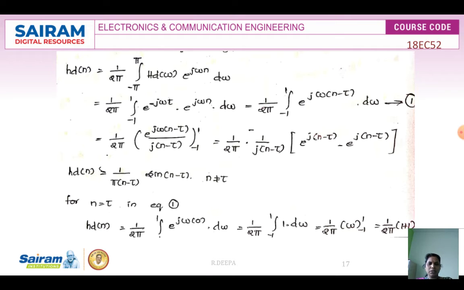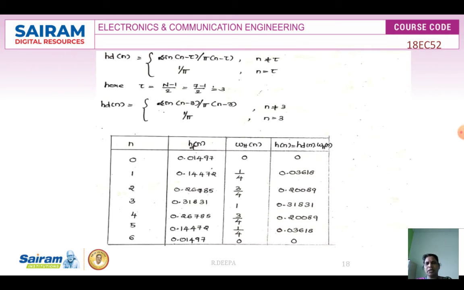Then it becomes e power of 0 into d omega, which is 1 into d omega. The integral of d omega is omega, with the limits minus 1 to 1. So you get 2 divided by 2 pi, which is 1 by pi. So Hd of n is equal to 1 by pi for n equal to tau, and for n not equal to tau it is sine of n minus tau divided by pi into n minus tau.